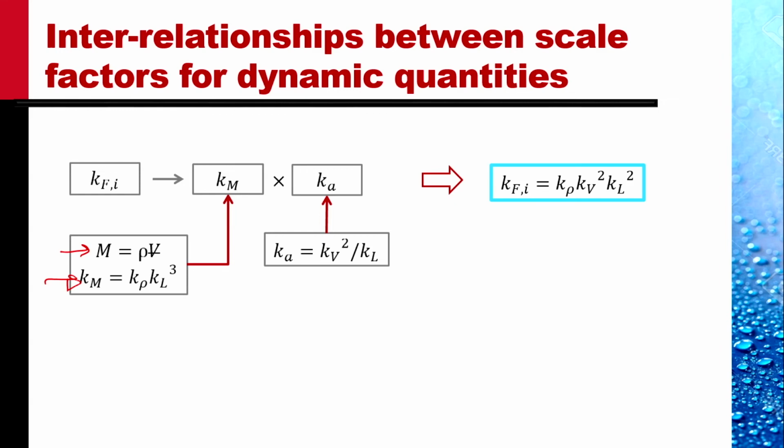You may not recognize the relation immediately, but you will obtain very similar relations. And this relation between scale factors would give you a pi number: Fi, the inertial force characteristic, divided by the density times the characteristic velocity squared, times characteristic length squared, are identical in the prototype and the model.